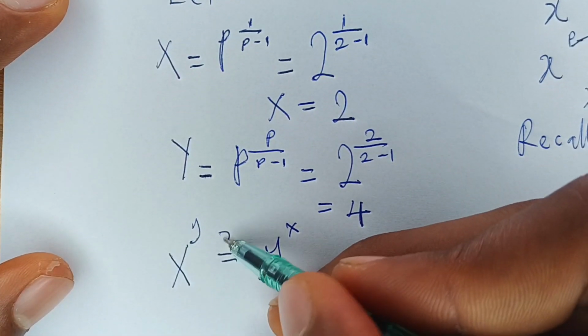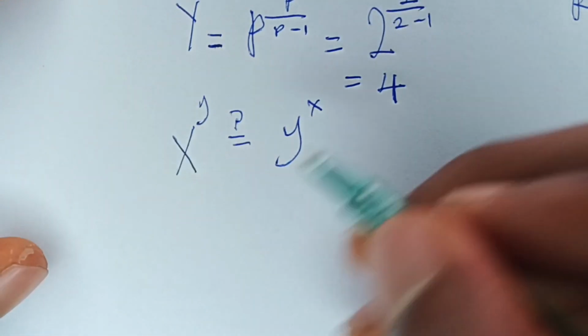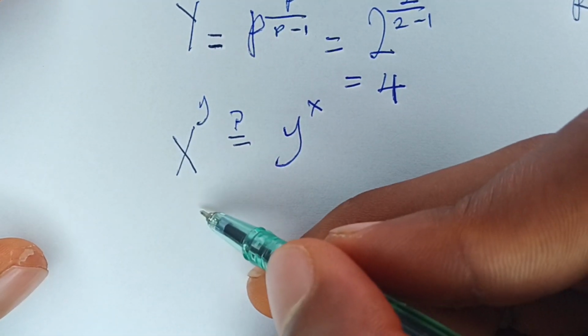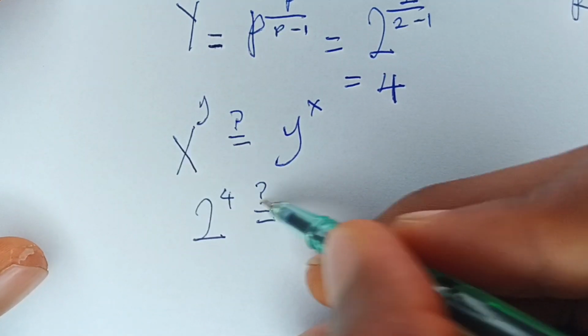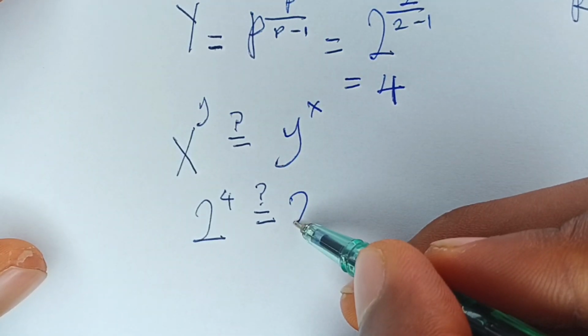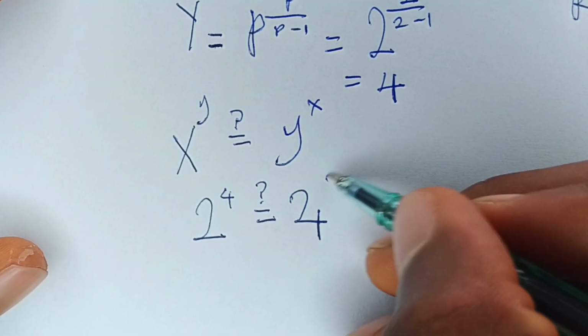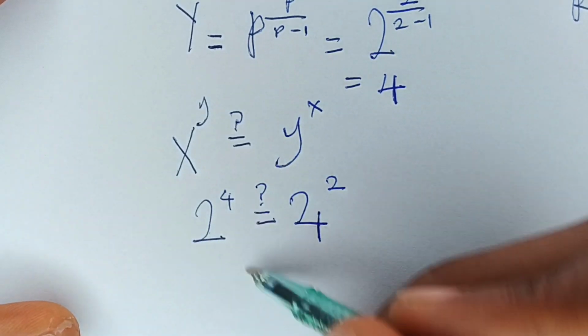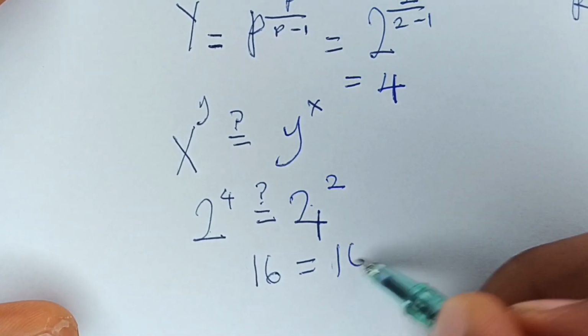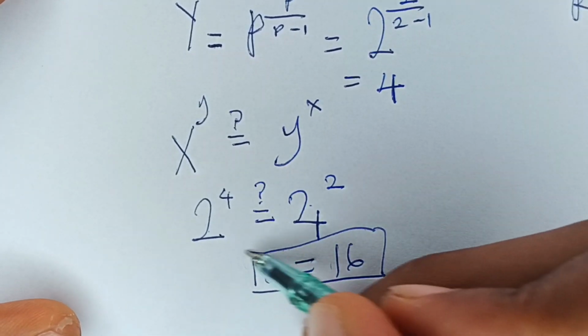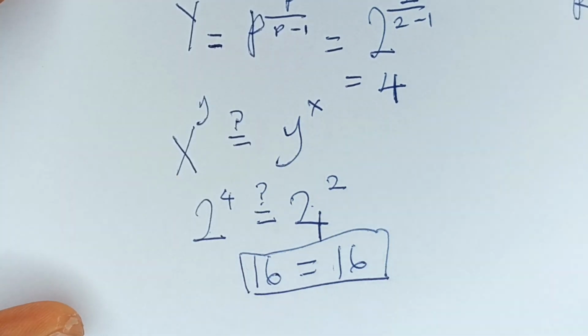Now substitute the values for x and y. So we have x is 2, y is 4: 2 raised to the power 4 is 16, 4 raised to the power 2 is 16. Hence, we agree that these are the correct answers to this equation.